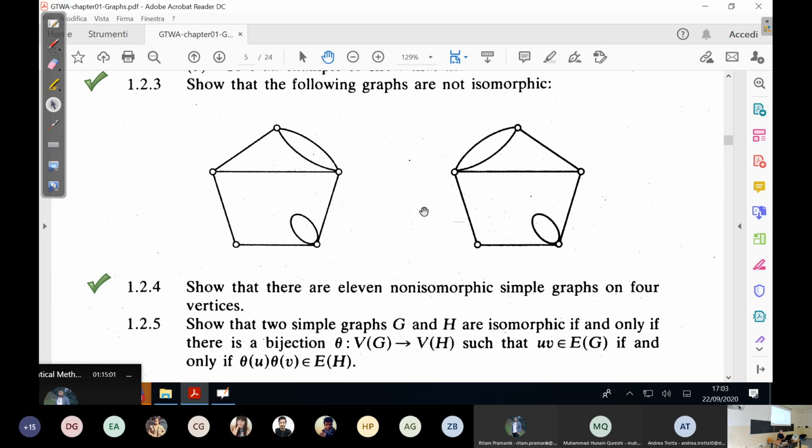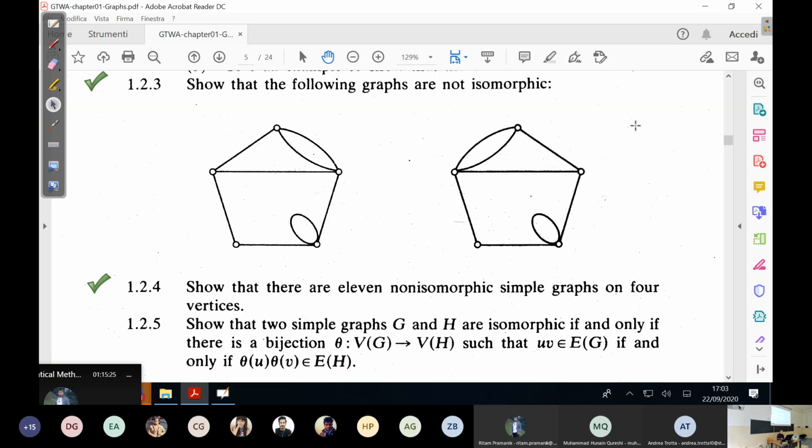So there is no possible isomorphism between these two graphs. Okay? So you can see how fine and delicate this notion of isomorphism between graphs is. Okay? Please do understand this in depth.